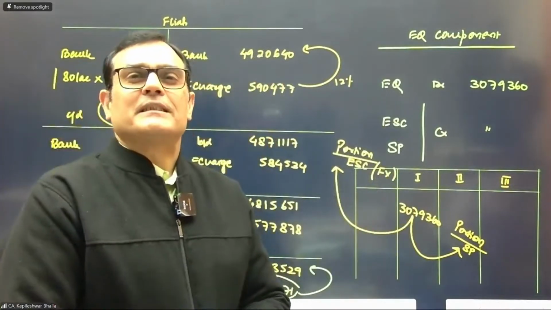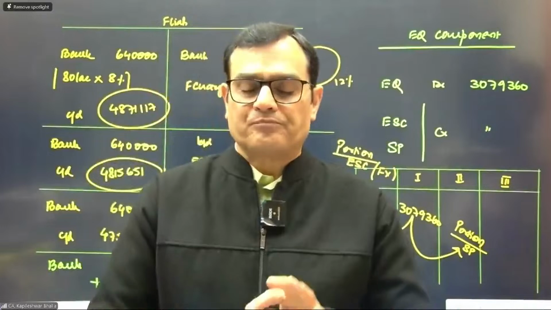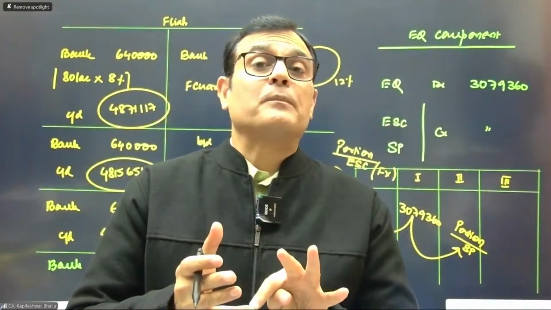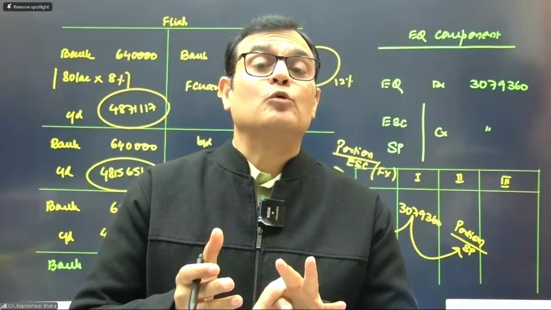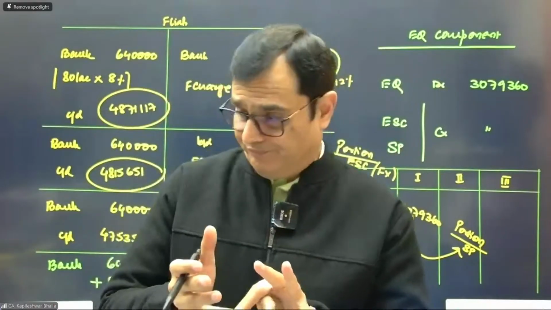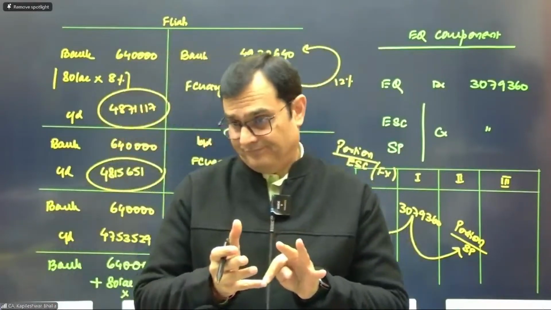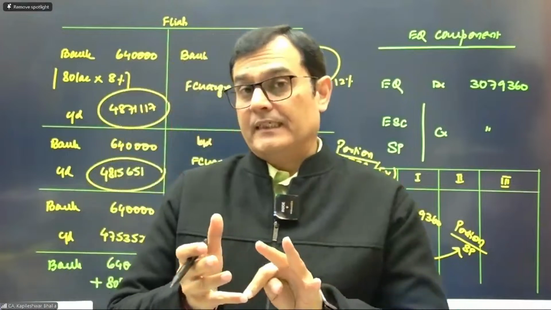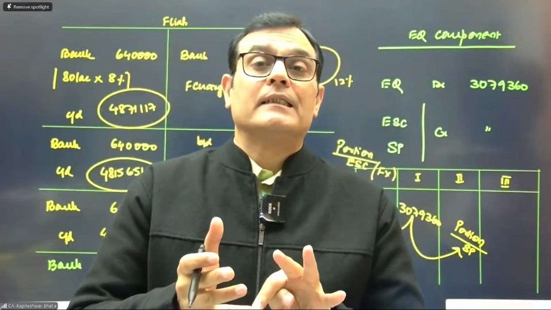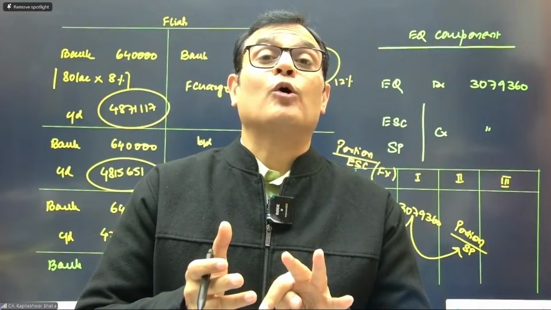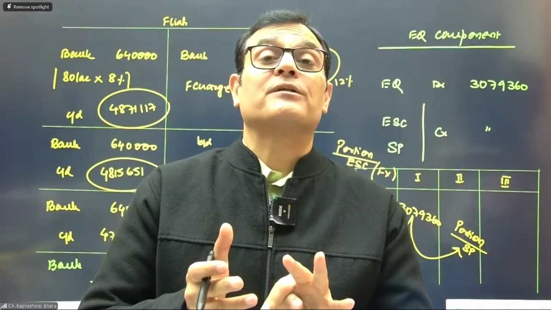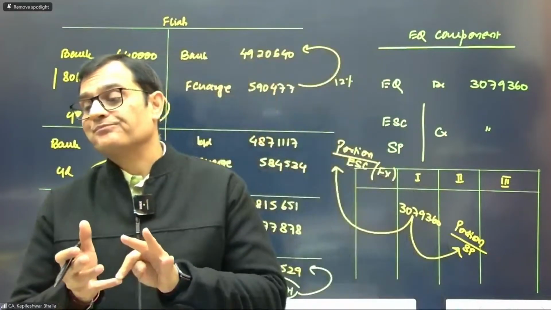So let me make some interesting statements at this stage. If it is a perpetual debt, does the entire tab 1 go to tab 2 on liquidation? Yes or no? If it is a perpetual debt, the entire element in tab 1 goes to tab 2 on the liquidation of the company, correct? Yes, sir.